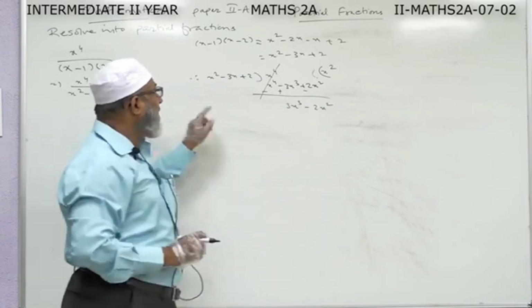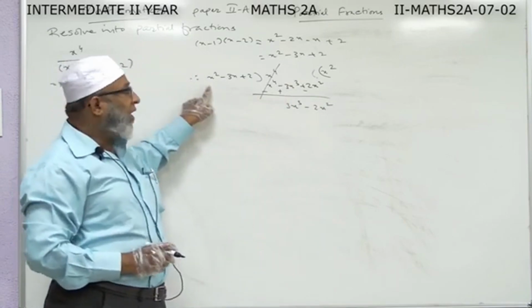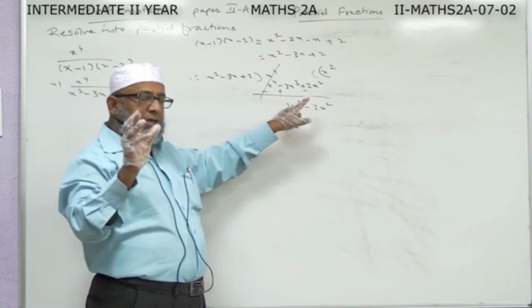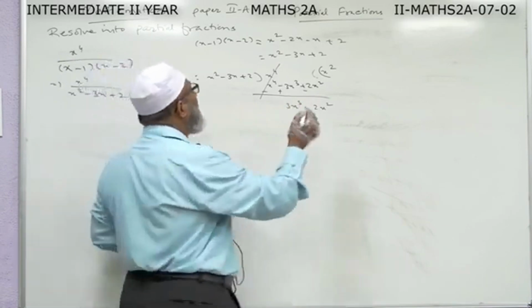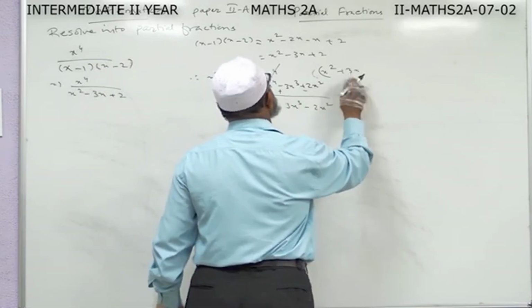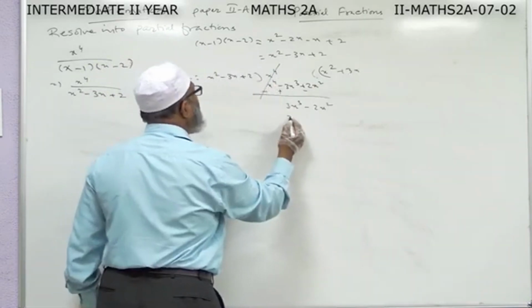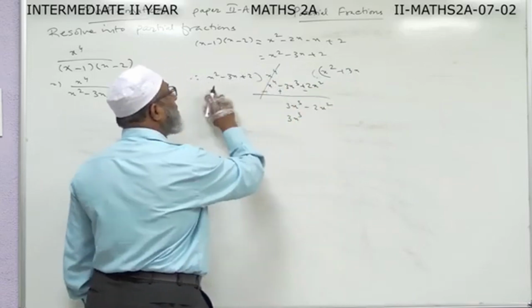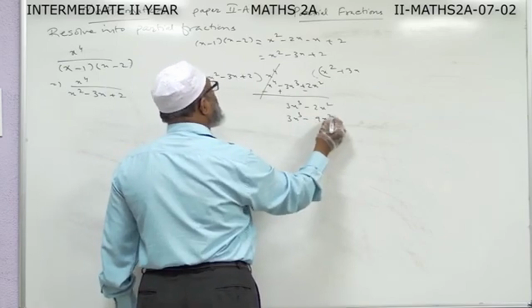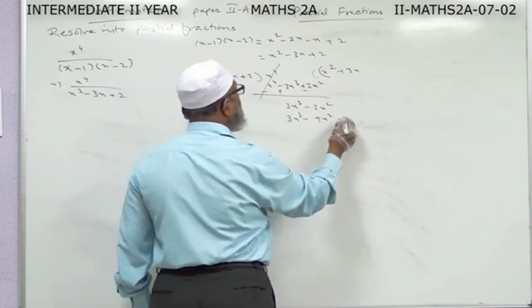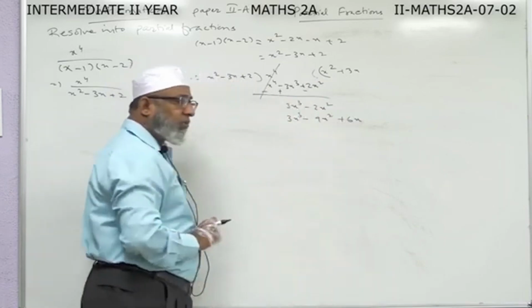What remains? 3x cube minus 3x square, minus 3x. Again x square is there. I have to multiply by such a number that I may get 3x cube. So I am multiplying by 3x into this: 3x into x square is 3x cube, 3 into 3 is 9x square, then 3 into 2 is 6x. Is it clear?